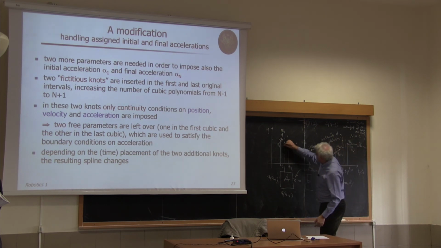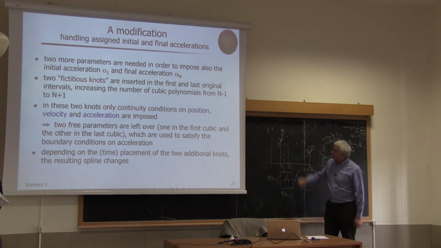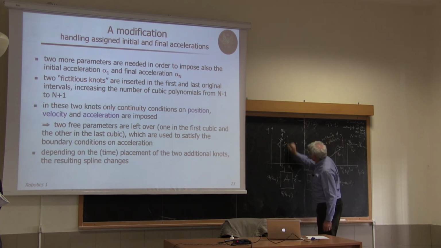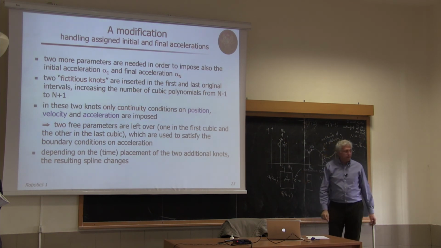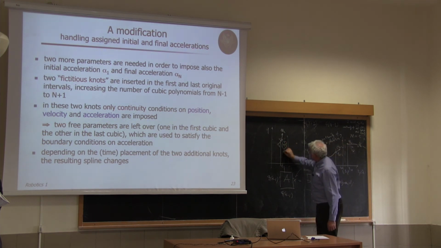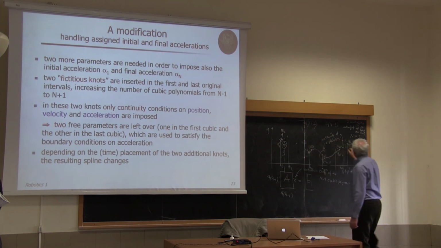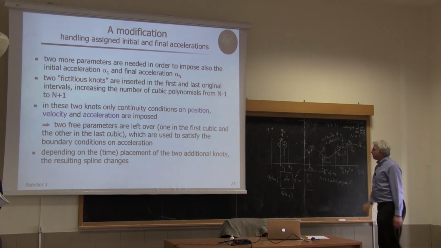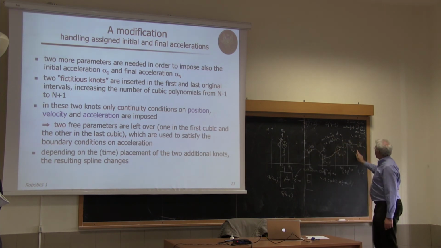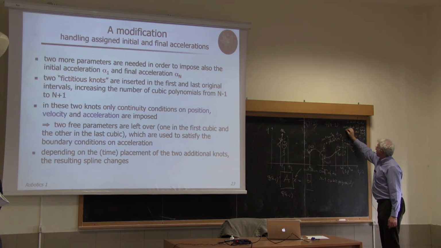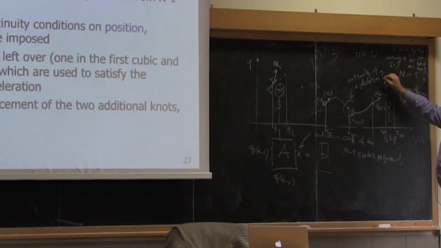You're just saying that the position from here is equal to the position from there, as well that velocity from here is equal to the velocity from there, and the acceleration is equal to that. So you have 3 continuity conditions here, and the same here. So you have 3 plus 3, 6, plus alpha and alpha. So these are 2 times 3, so the 8th condition that you were missing.